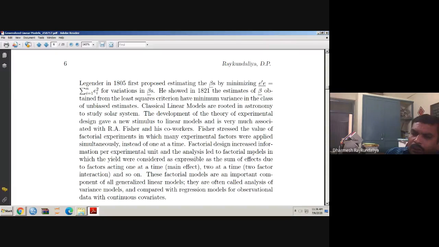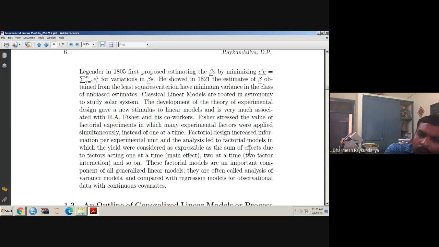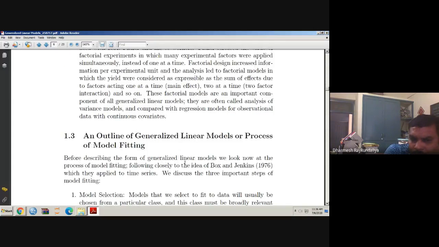As a single model, you can study the regression analysis, you can do the design models and everything in the generalized linear models. So as I said, when you talk about the factorial model, they are often called analysis of variance models, compared with the regression model for observed data where we have a continuous covariate.